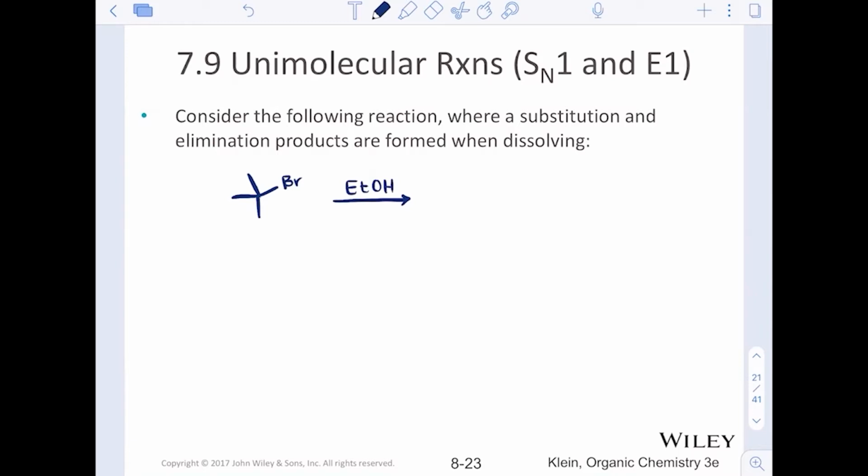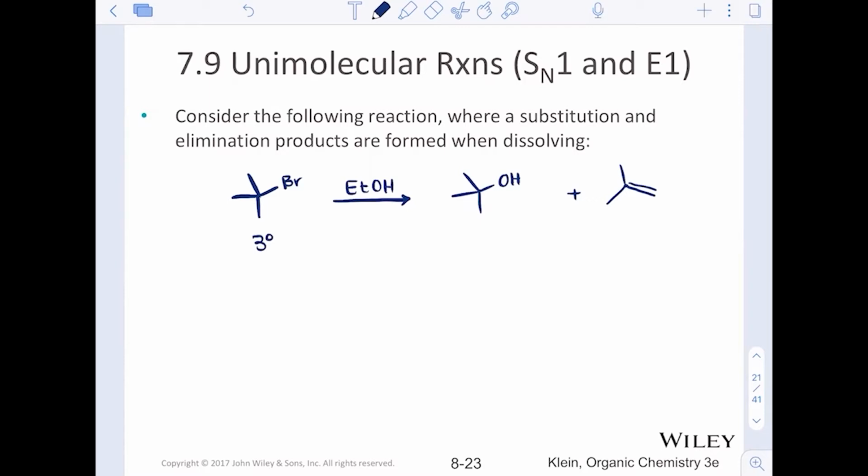And so what we see in this reaction is not only a mix of substitution and elimination products, but also that the only way to get that tertiary center to undergo a substitution is if it is not via an SN2 concerted reaction, right?